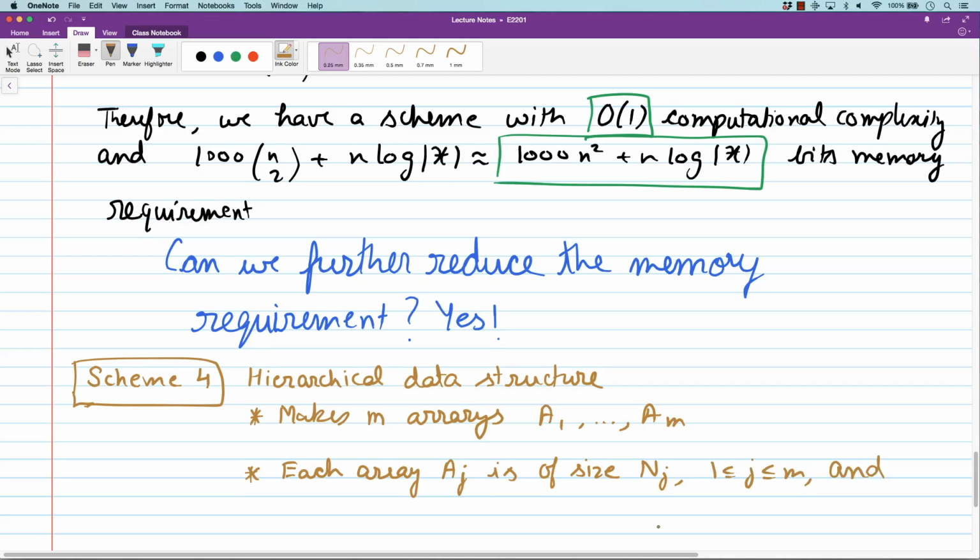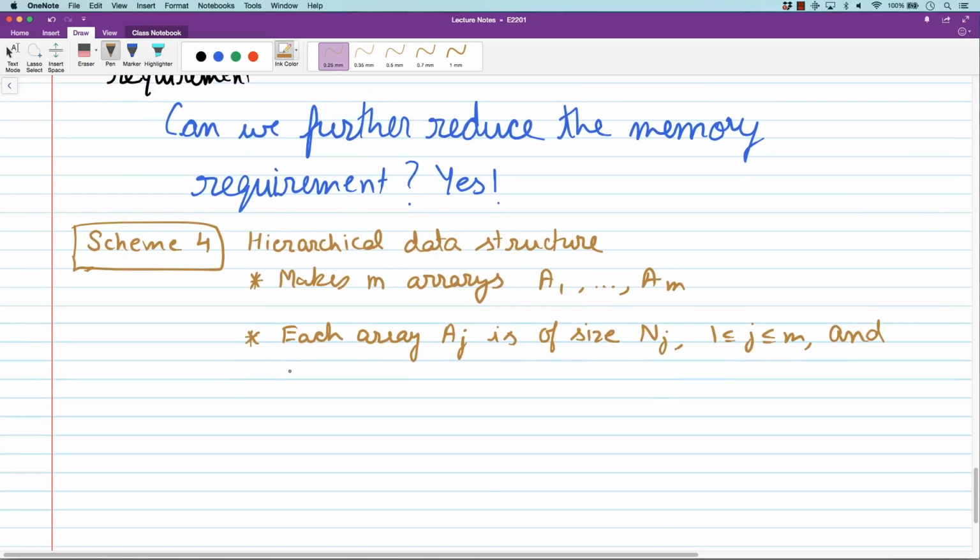and operates the same way as the array in scheme 3. Okay, so instead of having that one array, now we have multiple such arrays.